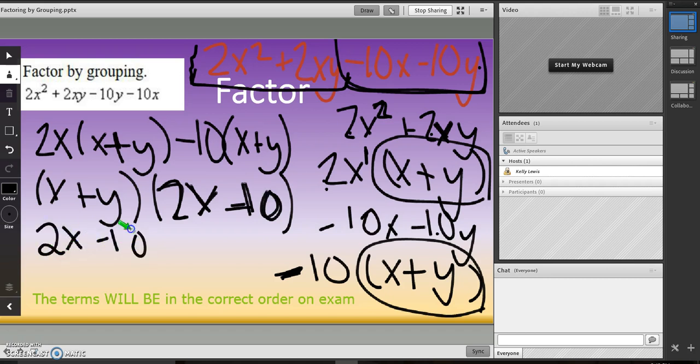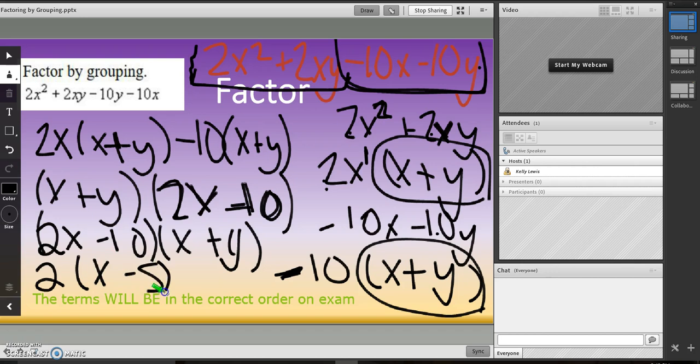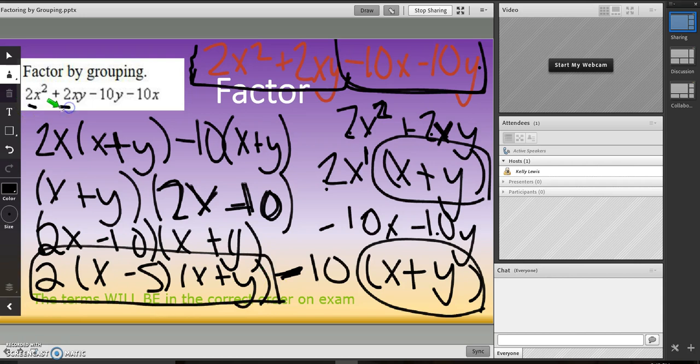I'm going to rewrite this and put x minus 10 first, plus y, so you can see better. Okay, 2x and 10 are even, so I can take out a 2. If you wanted to do this particular problem and take out, see it's 2, 2, 10, and 10, and just take out a 2 from the beginning, go for it. You can do it that way.